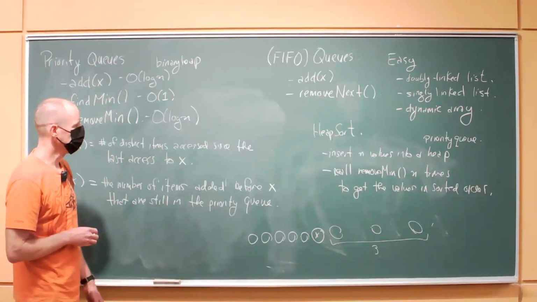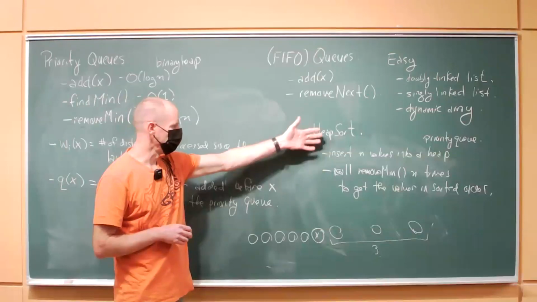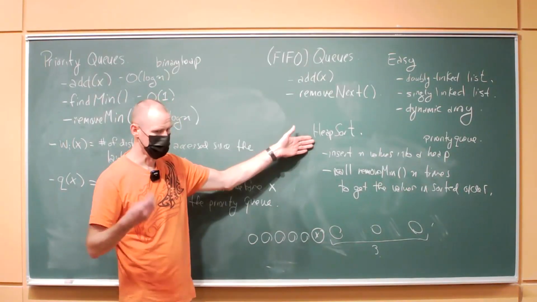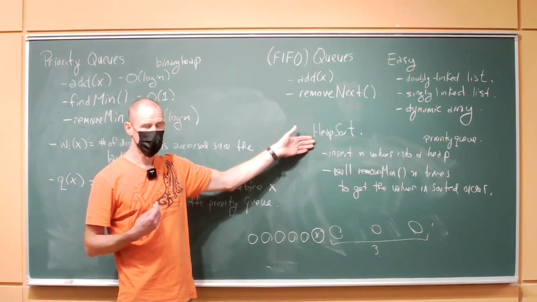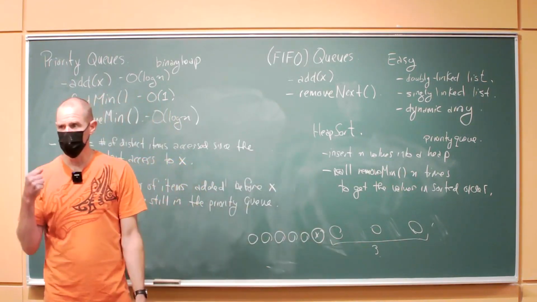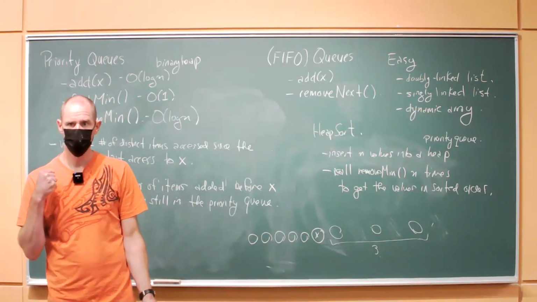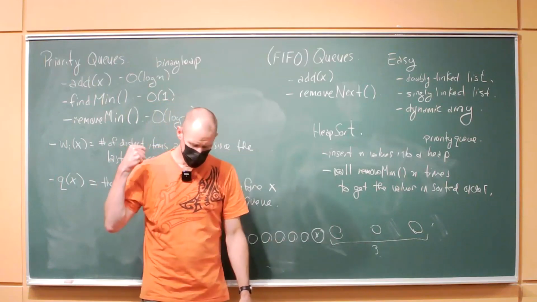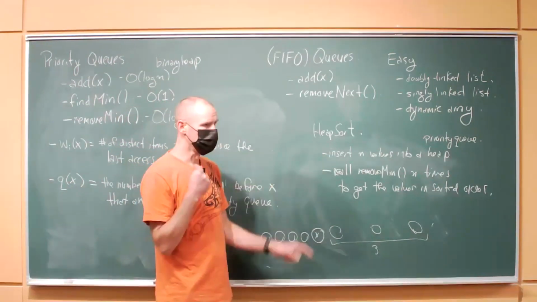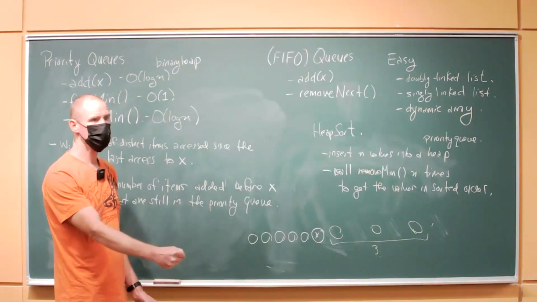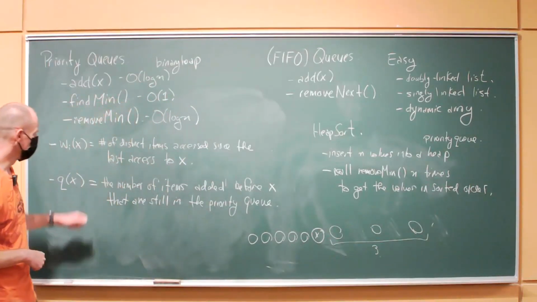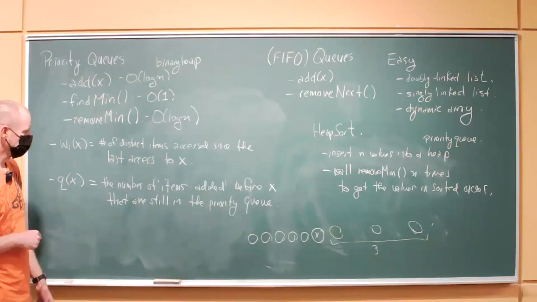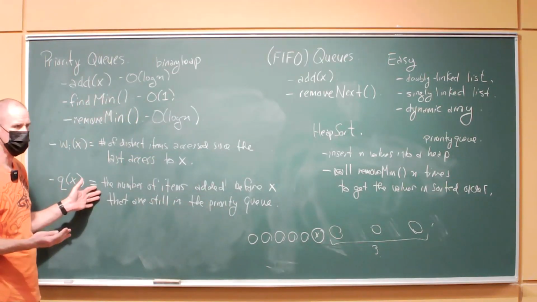And if you think about what happens when you use heap sort on a sorted array, then the Q number of the thing that you're removing is always 0. The first one that you insert, nothing was inserted before it, so that makes it 0 for the first one.